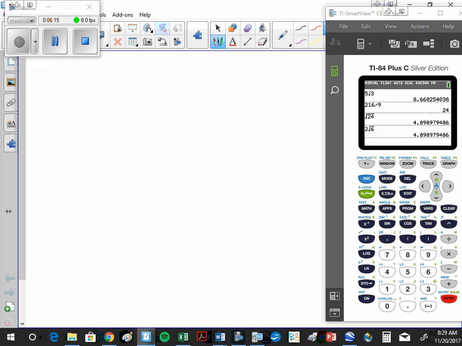What if I had this? What if I had the cubed root of 81? What goes into 81? 9 and 9.